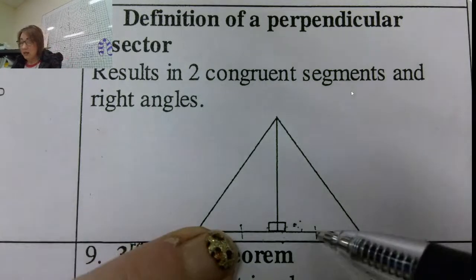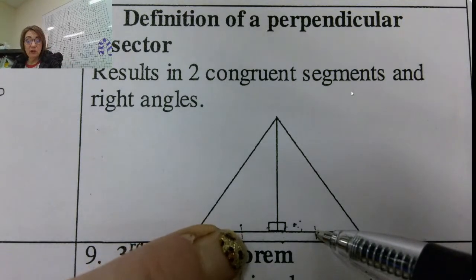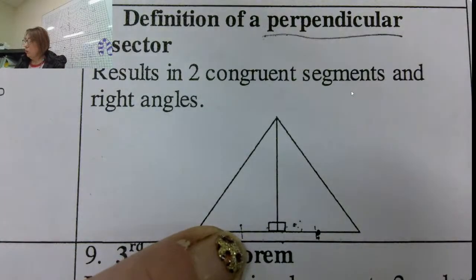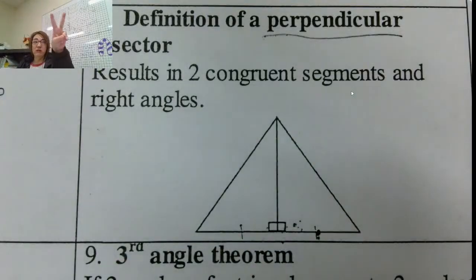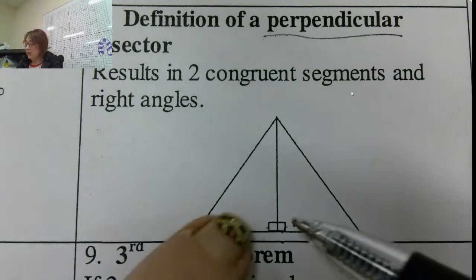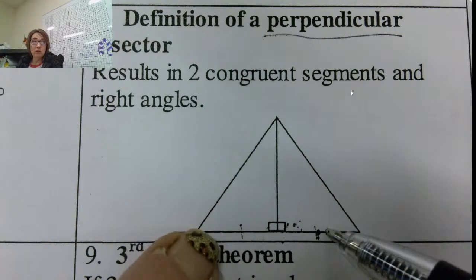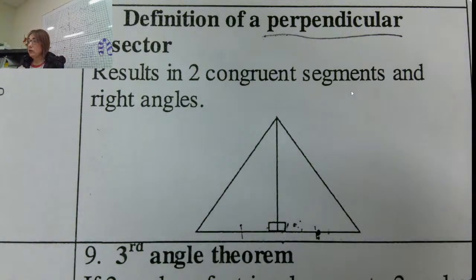Number two, it cuts this side in half so that you have two equal parts. So knowing that something's a perpendicular bisector gives you two pieces of information. You know that you have two angles that are congruent, these 90-degree angles, and you know you have two sides that are congruent in these two triangles because it's a bisector. A bisector cuts things in half.